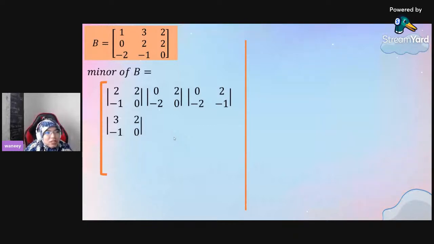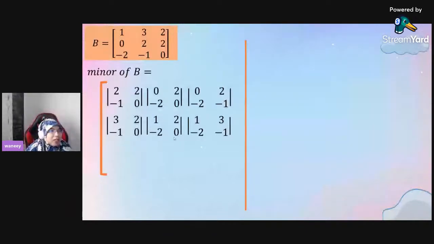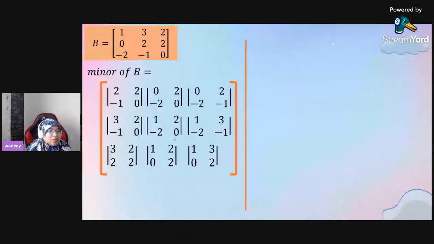Deleting second row, second column: 1, 2, -2, 0. Deleting second row, third column: 1, 3, -2, -1. Then third row, first column: 3, 2, 2, 2. Third row, second column: 1, 2, 0, 2. Deleting third row, third column: 1, 3, 0, 2.